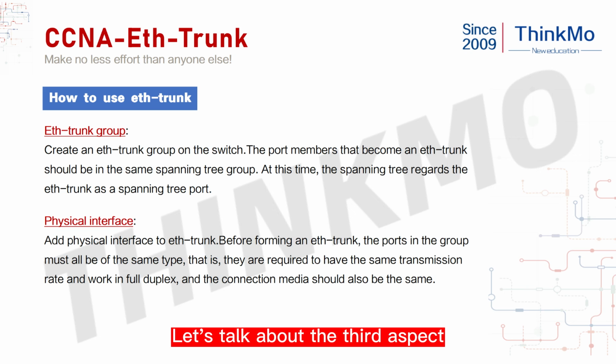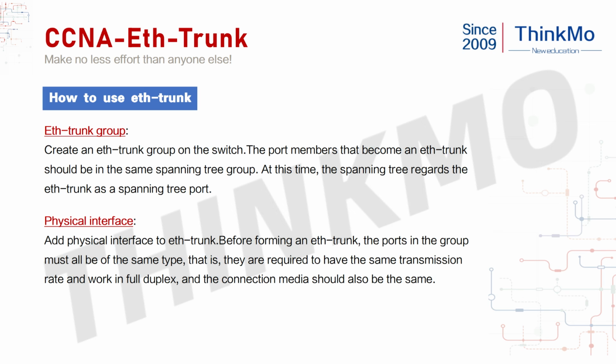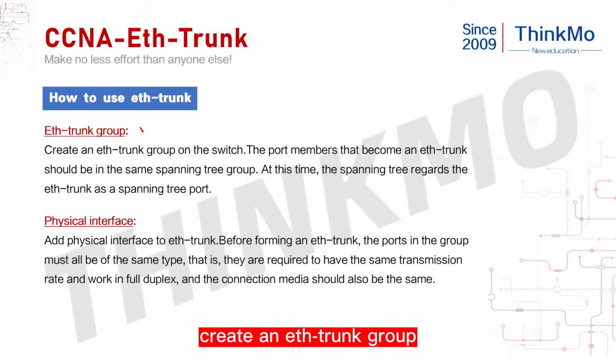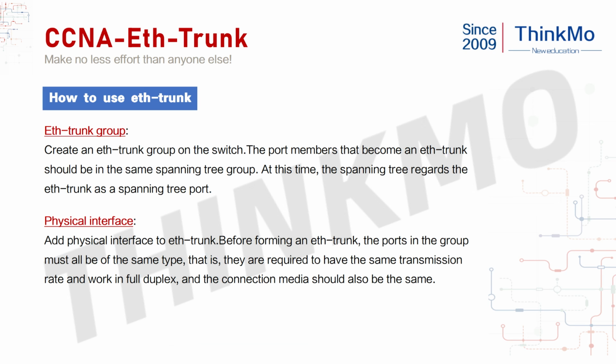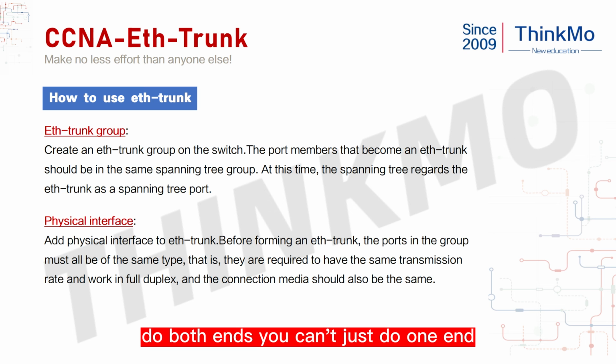Let's talk about the third aspect: how to use an ETH trunk interface. First, directly on the switch, create an ETH trunk group, then add the physical interfaces to the ETH trunk. The caveat, of course, is that you must do both ends. You can't just do one end.